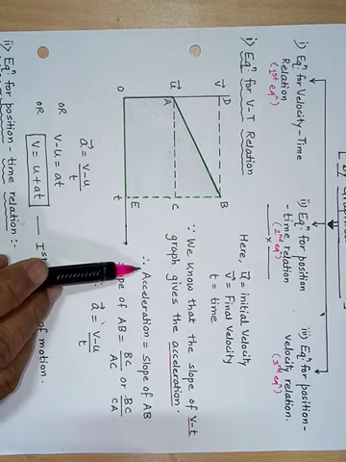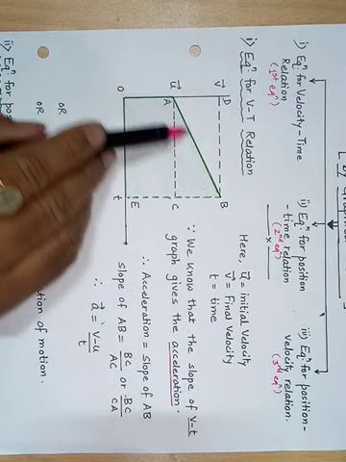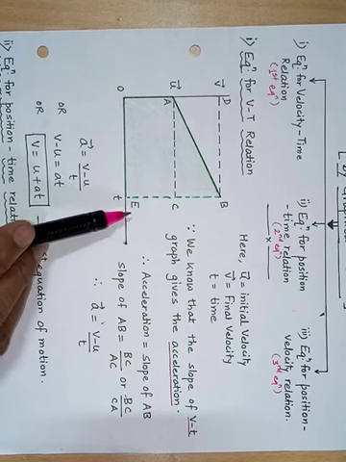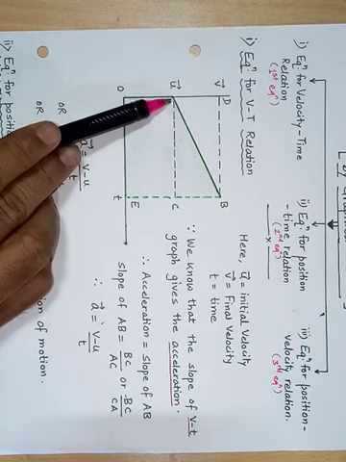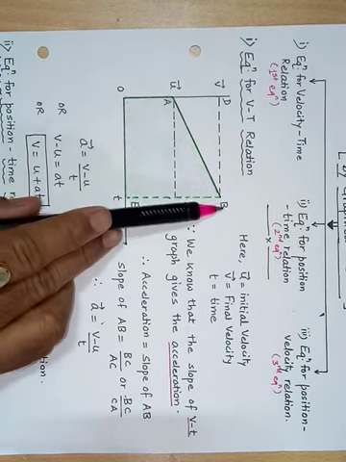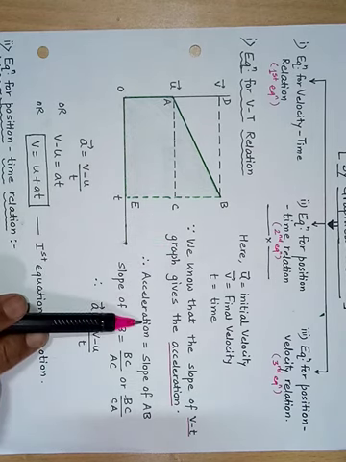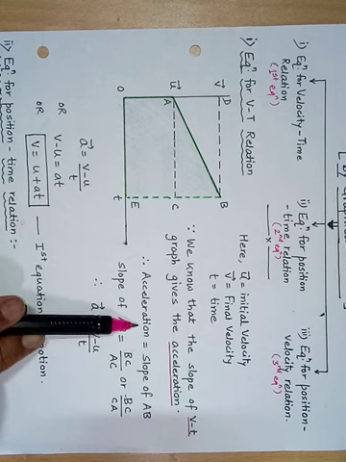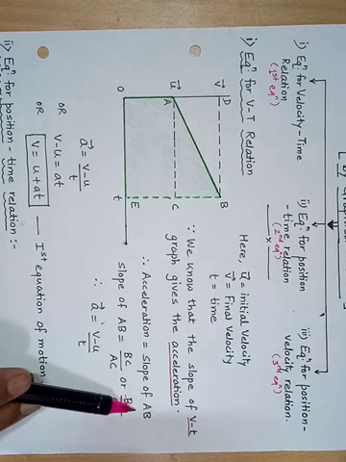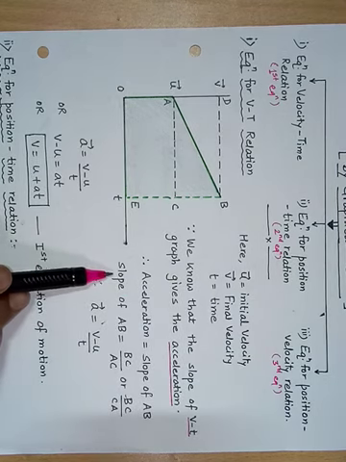I know that this graph is between velocity and time. So if I draw the slope of this particular line, then definitely the slope of this line will give me the acceleration. So I can write here: acceleration is equal to the slope of this line AB. Now how can I calculate the slope?